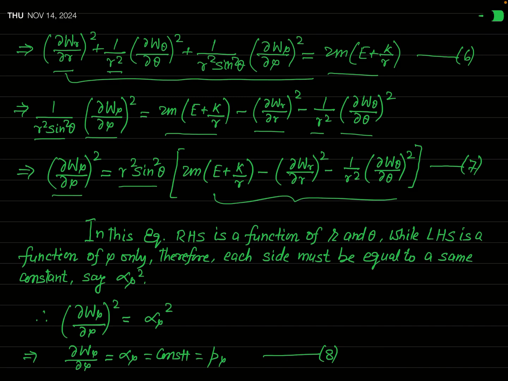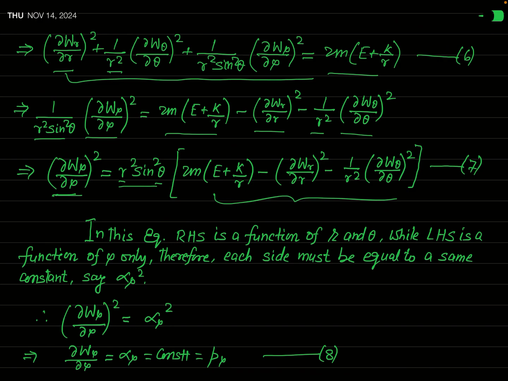Now look at this equation number 7 carefully. You can easily see that the RHS of this equation is a function of 2 independent variables, one is R and another is theta, but its LHS is a function of phi. And you know all these 3 variables, R, theta and phi, are independent variables.